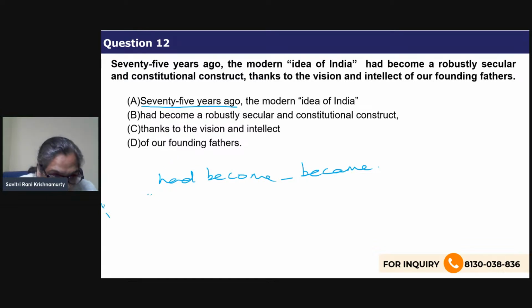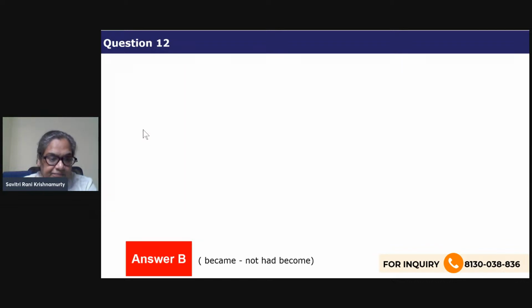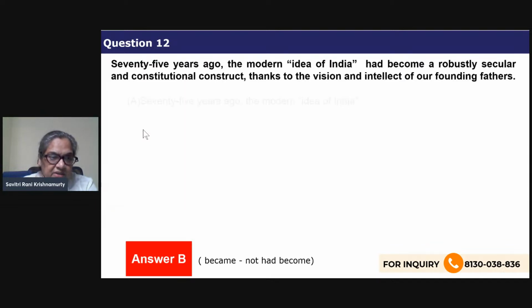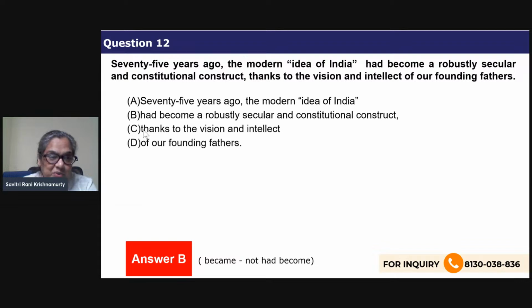If there are two actions and one action happened a little before the other, only then would you use the past perfect. Here I've also given the explanation so you can see it later. It is became, not had become. Excellent. Very good. We are on the right track.